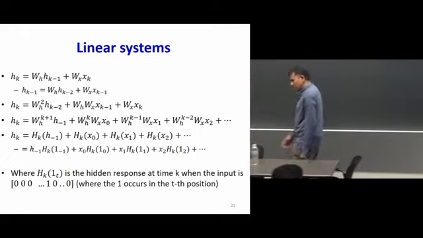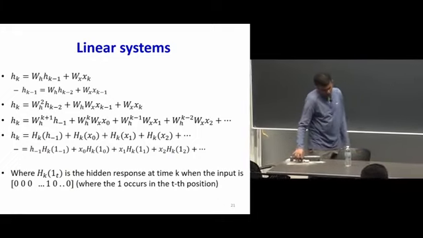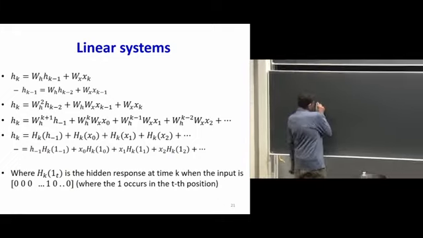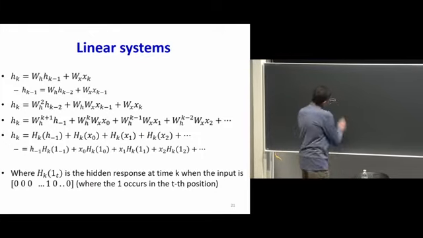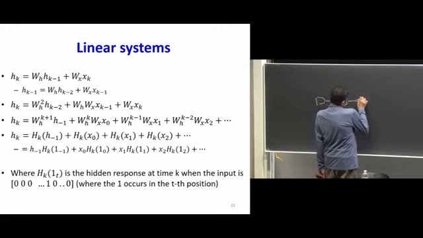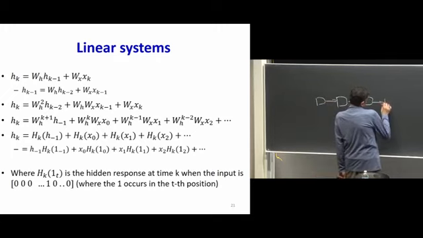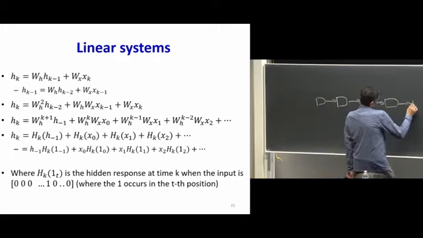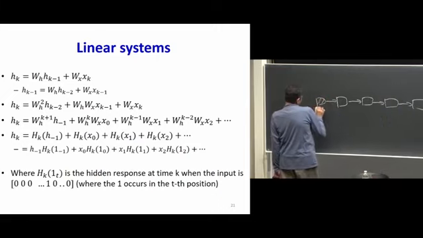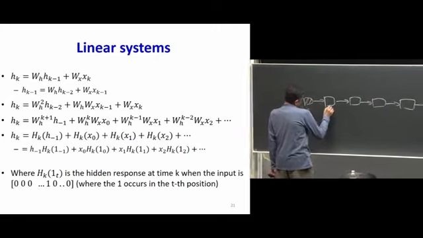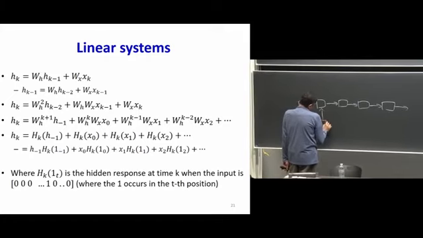So basically the way we found it, if I were to define my network like so, this is my h_{-1}, and these are my inputs.